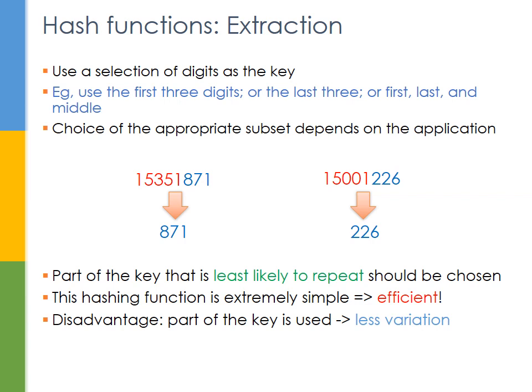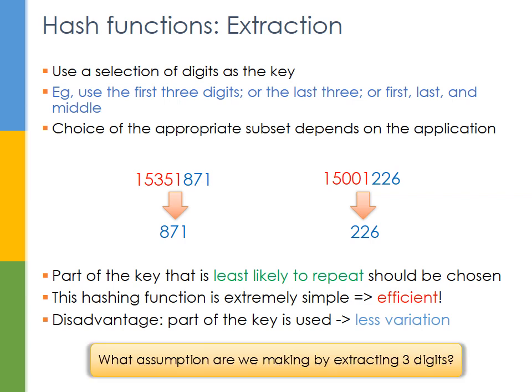I'm not using the entire unique thing, so I'm more likely to have clashes. And again, just like with the phone numbers, what assumption are we making about the size of the hash table if we are only extracting the 3 digits? It means that the size of the entire hash table will not exceed 1,000 locations, right? Our indices are going to be in the range between 0 and 999.